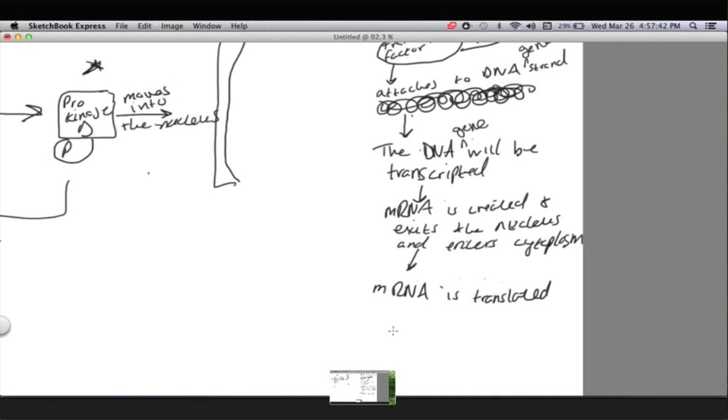So one more arrow, that produces the greening response proteins. Let's spell that correctly. That's greening.